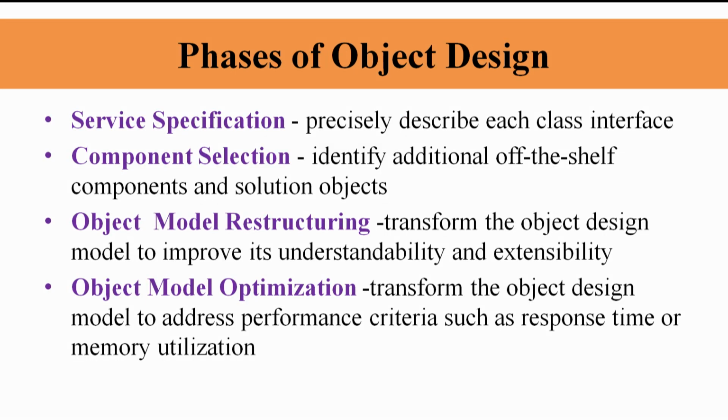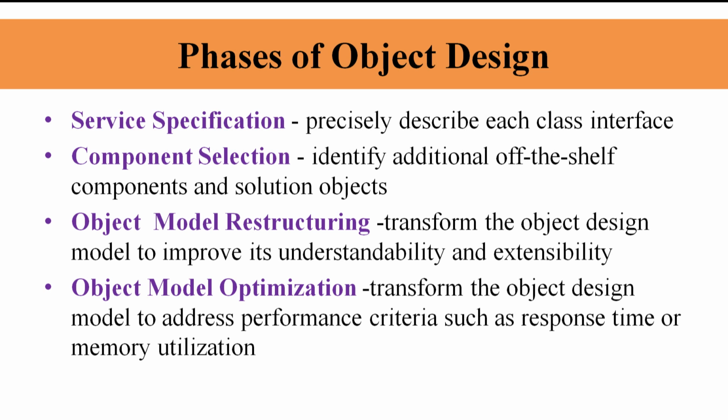Then very quickly, if we try to see the phases of object design, we have to do service specification, then component selection, then object model restructuring, and then object model optimization.